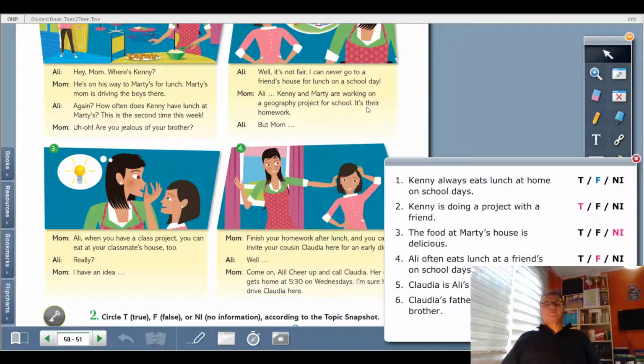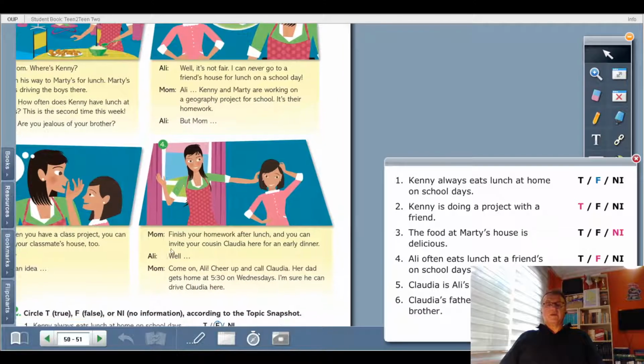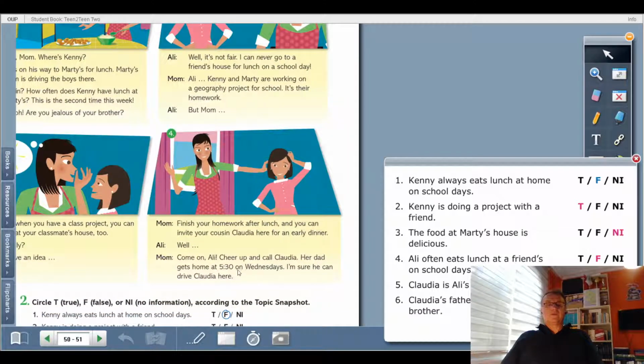Okay? Because why is Kenny eating at Marty's house? Because they are working on a project. That's why the second time he eats lunch at his friend's house. Okay, that's false. Claudia is Ali's cousin. Cheer up and call Claudia. Her dad gets home somewhere.